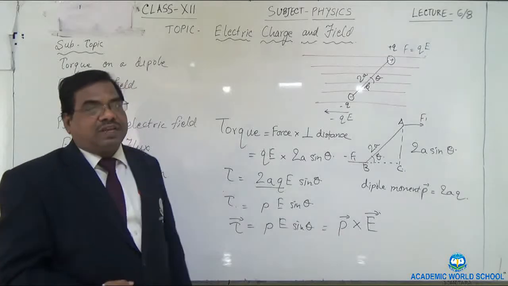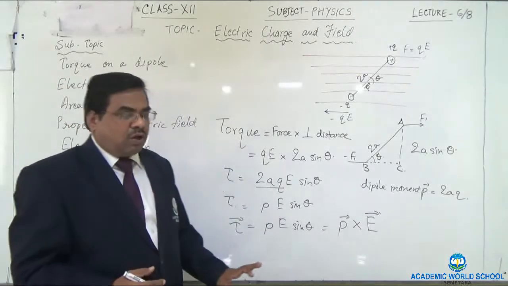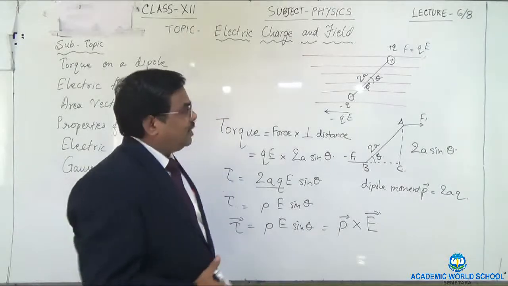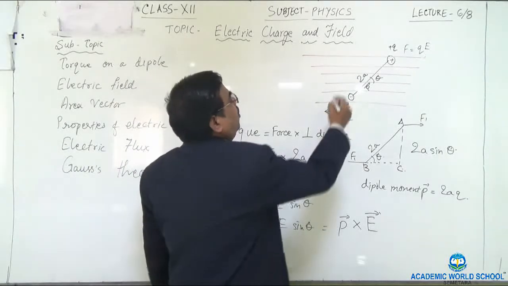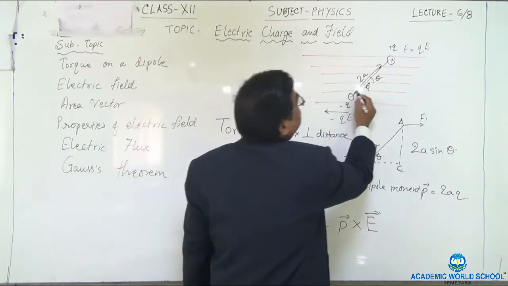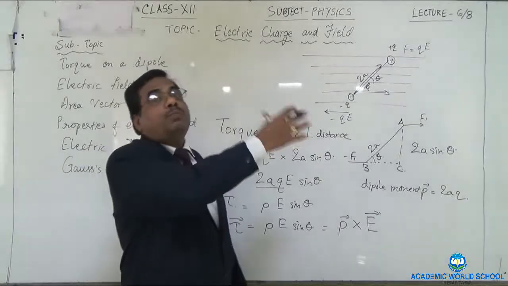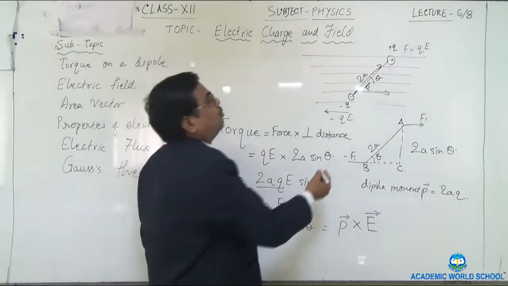Now you must be interested in knowing the direction of this torque. Always remember the right hand rule for the product of two vectors. Now this is p and this is E, so the torque will be perpendicular to both of them.